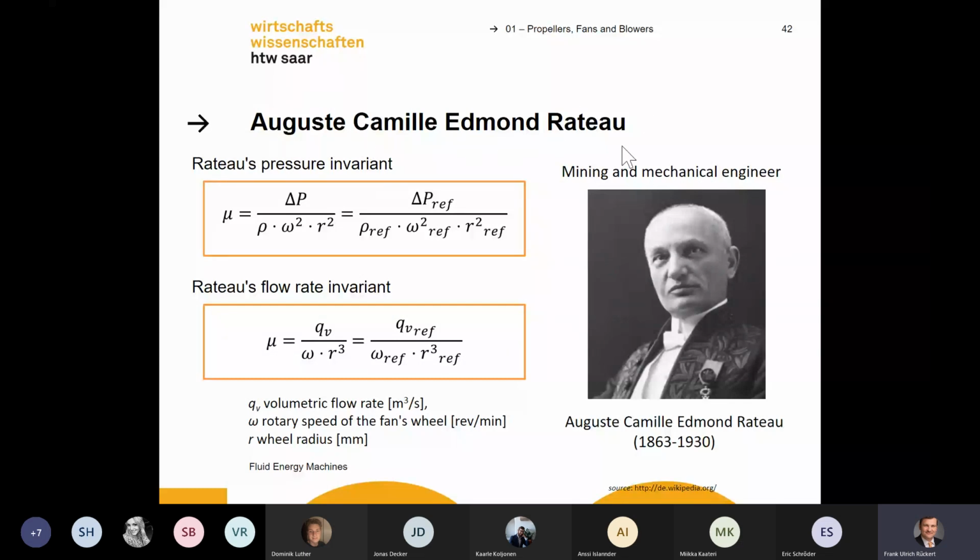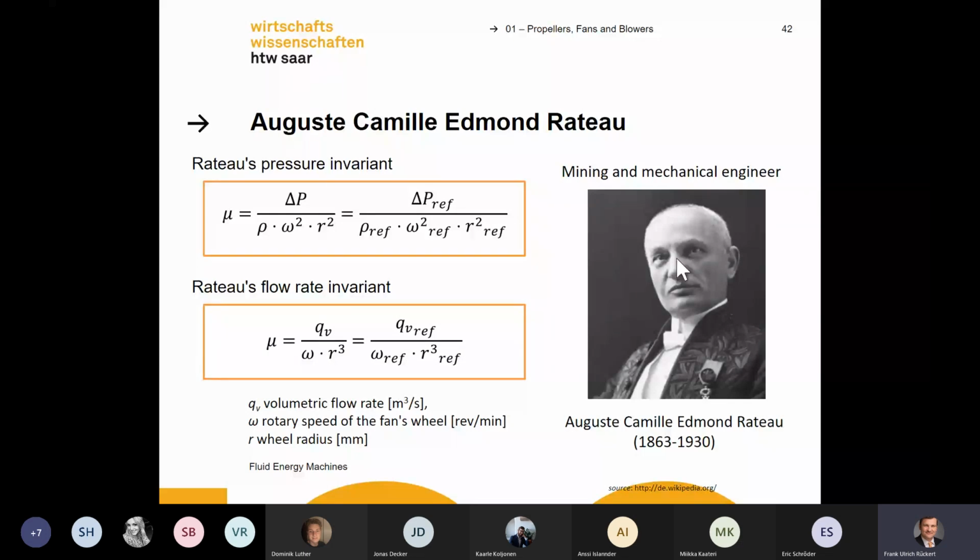And maybe you know Saarbrücken, we're really close to France, and a lot of famous scientists in fluid flow and a lot of famous scientists in mining have been French people, yeah? Because in the time where they invented these laws, maybe 200 years ago, a lot of the science in French was really well developed.